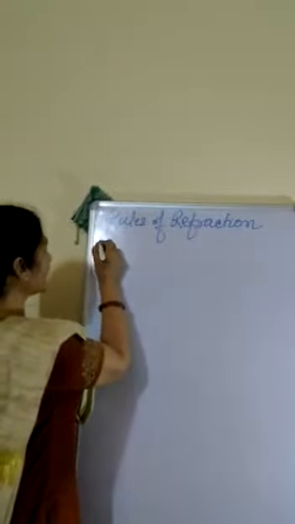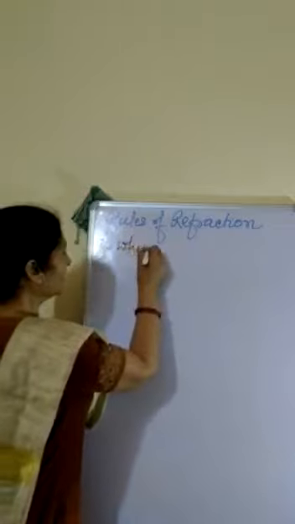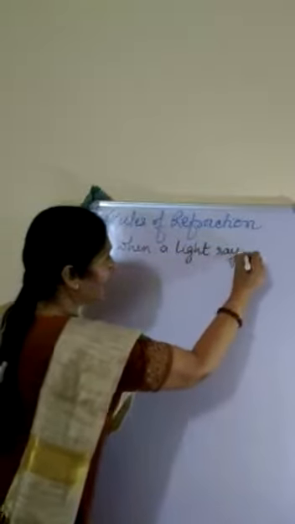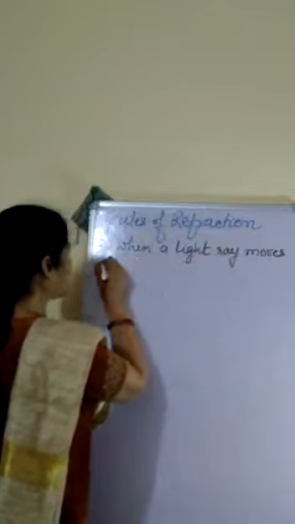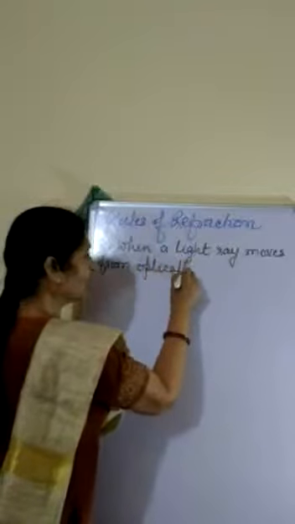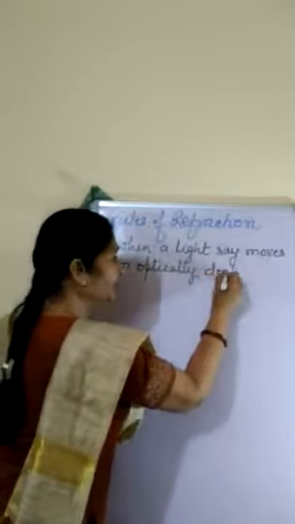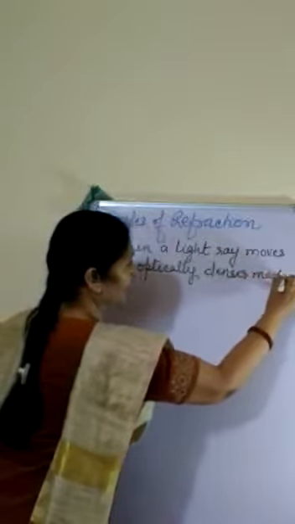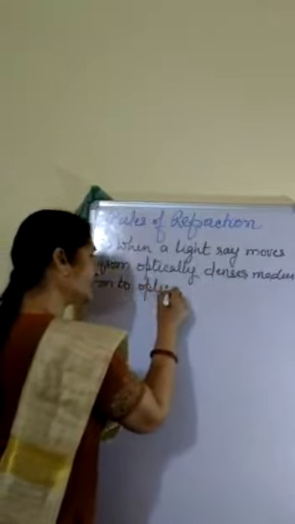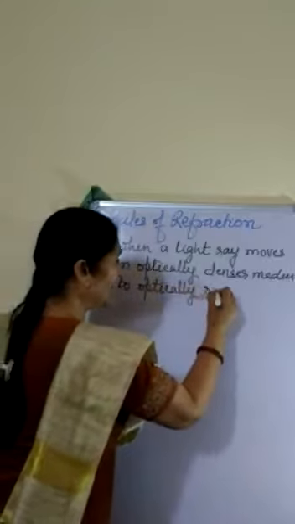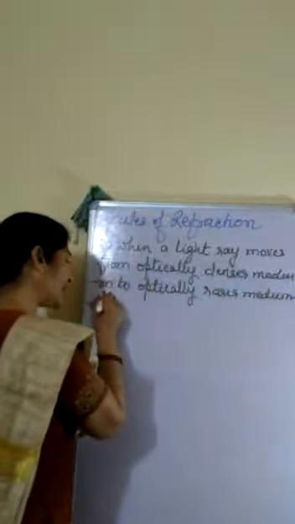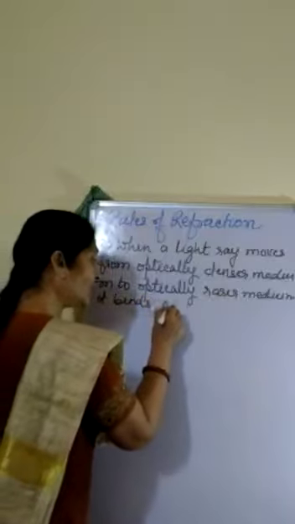Then second case will be when a light ray moves from optically denser medium to optically rarer medium, it bends away from the normal.